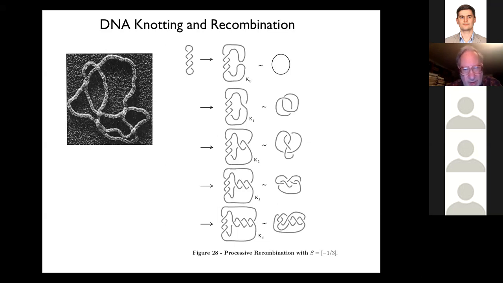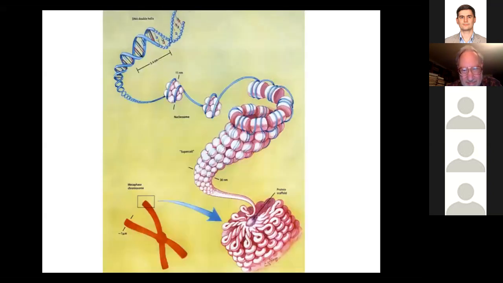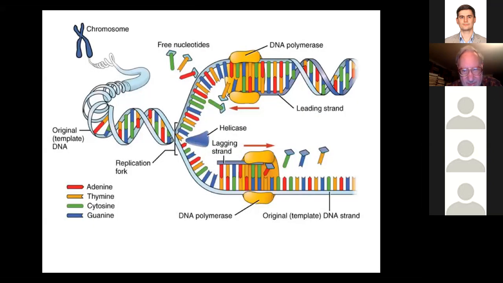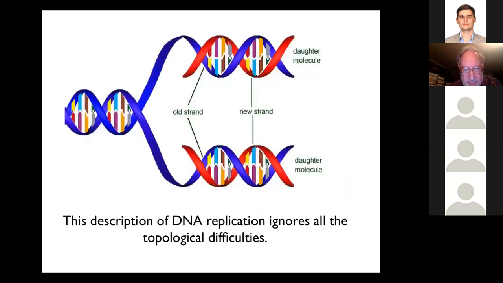And this gives rise to both problems for knot theory, in the sense of what happens under iterated processes to knots, and the relationship with the physical world. Those are just some slides about the DNA.